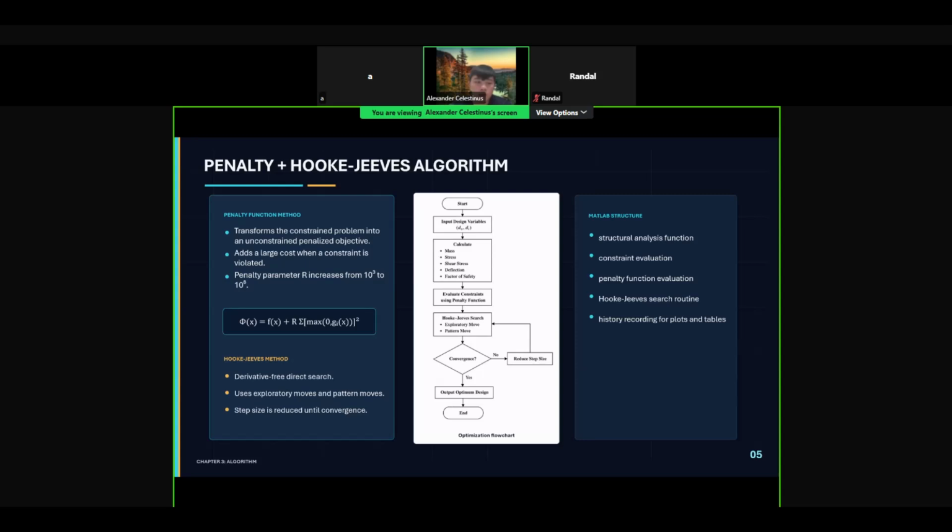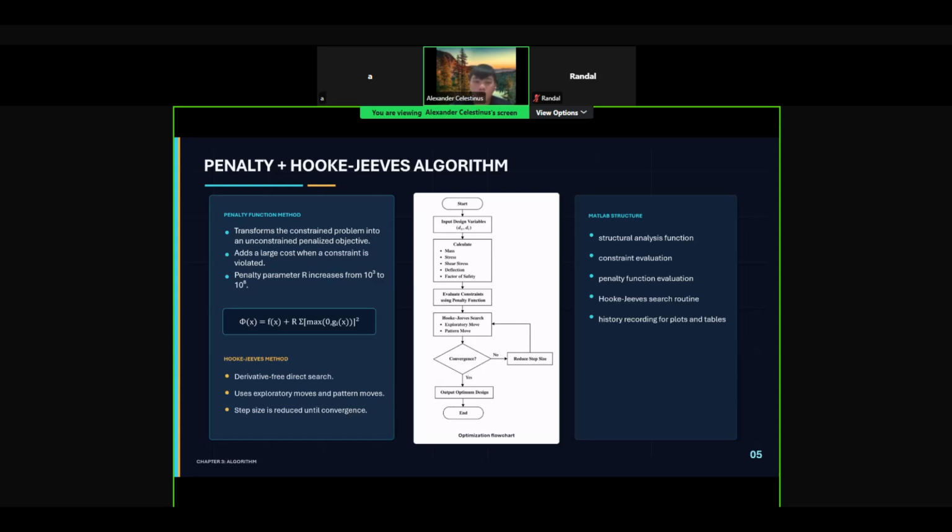If any design constraint is violated, a penalty value is added to the objective function. During the optimization process, the penalty parameter is gradually increased, forcing the solution toward the feasible region.